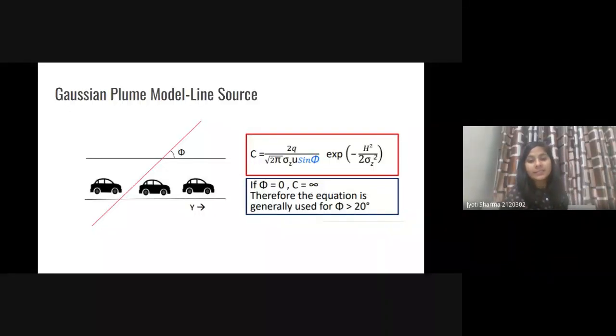If it is close to 0, this will give you an infinite value, because in the denominator you will have a value near 0, so the concentration will be infinite. And this is not possible. So based on some research, the authors said that this theta value should be more than 20 degrees to avoid this infinite concentration level. That's why it is more than 20 degrees.